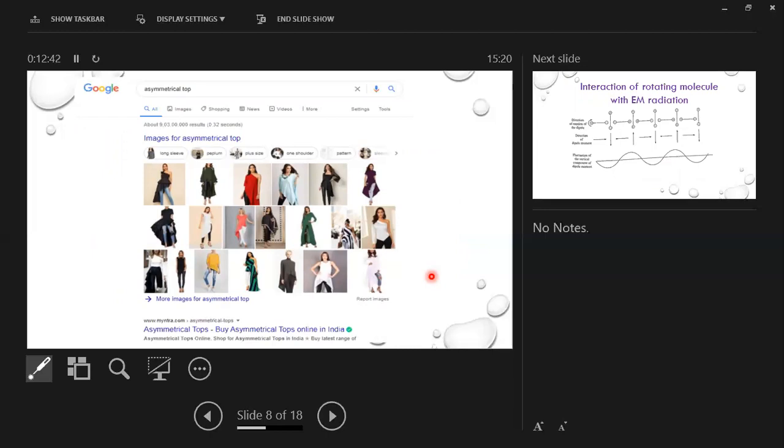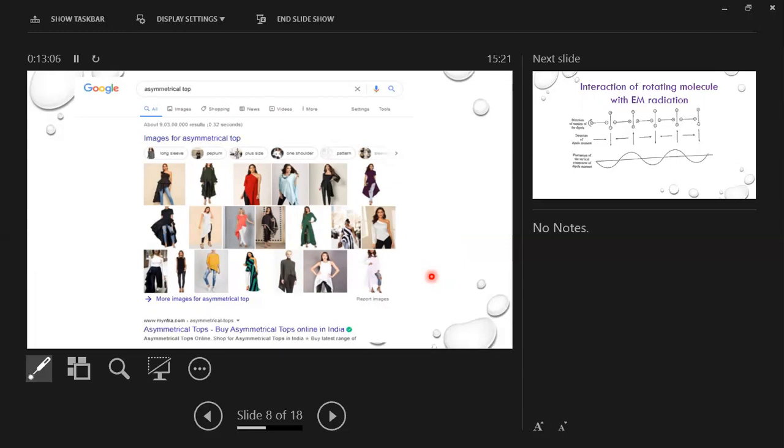Anyway, these are the various types of molecules that we have learned, and molecular structure has an important role in determining whether these molecules will show rotational spectra or not. That will be discussed in the following sections: which molecules will show rotational spectra and what the criteria are.